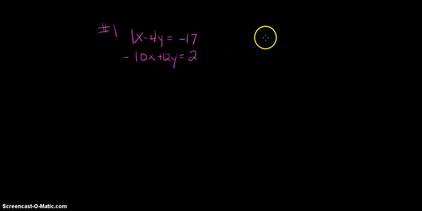Okay. So since we're choosing to eliminate the y's, I've already got a positive 12y here. And to eliminate, that means I need to have a negative 12y here. But I've got that negative 4.